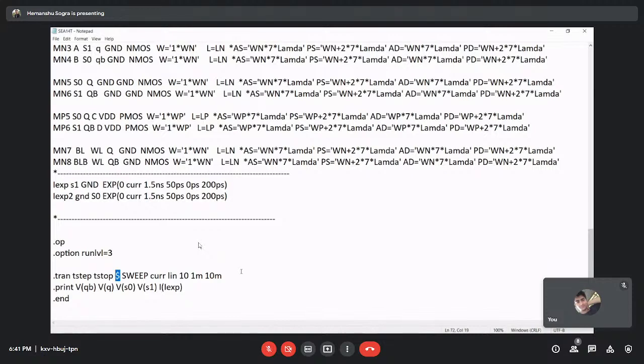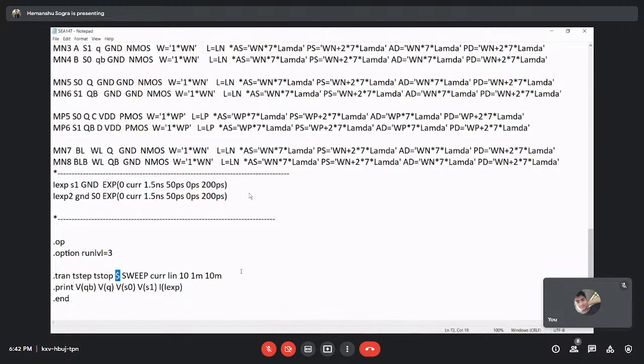You want to find the critical charge. So how will you find the critical charge? Critical charge means at what current value the data is actually flipping. At 3 milliampere, you found that the data is already flipping, so that means your critical charge is lower than 3 milliampere, right?